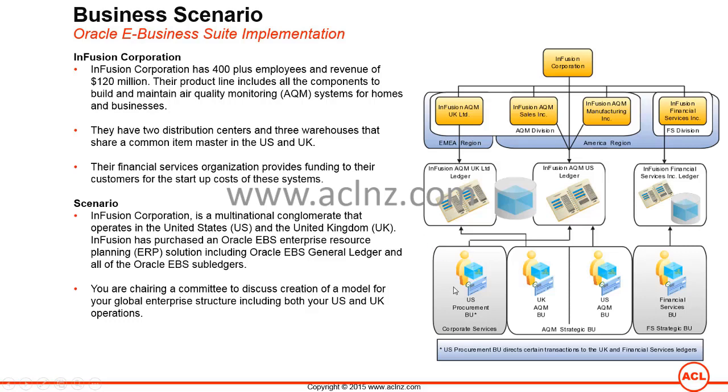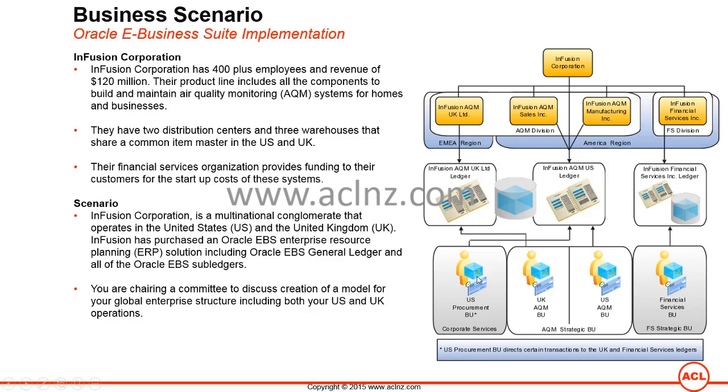And in terms of the operating unit, they have also kept it separately. So for the EMEA region, they've got a separate operating unit, whereas for the Americas, they've got one operating unit for AQM, and for AQM US related business and UK related business, they've got a separate business unit.